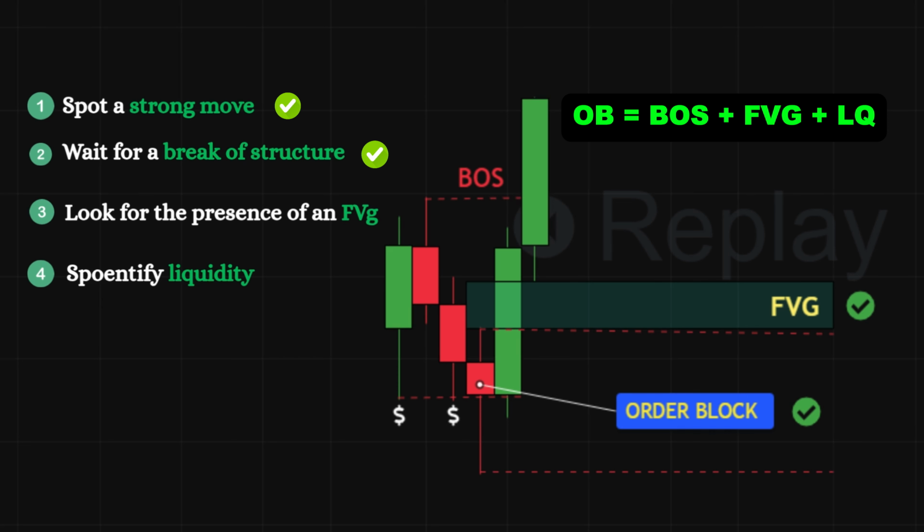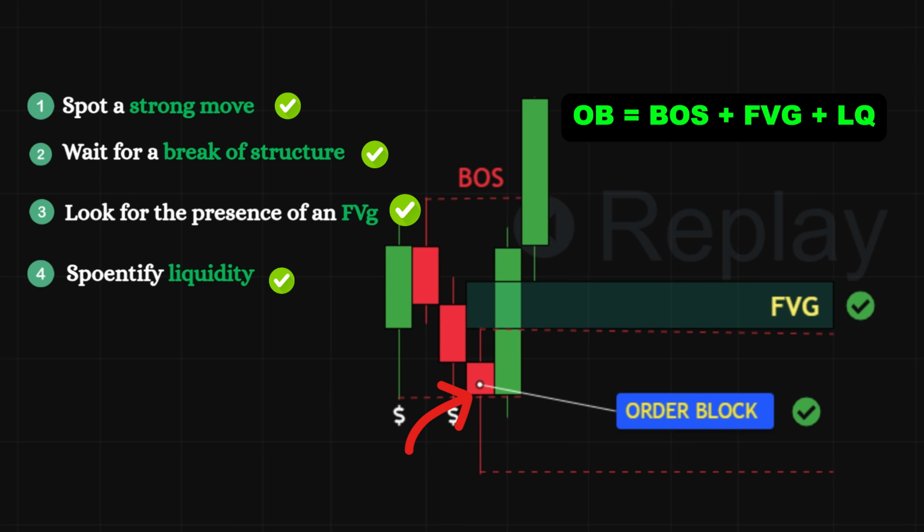The third confirmation is the presence of a fair value gap, FVG, above the last opposing candles, just before the strong move. The fourth and final point is the liquidity grab, which occurs just before the strong move.